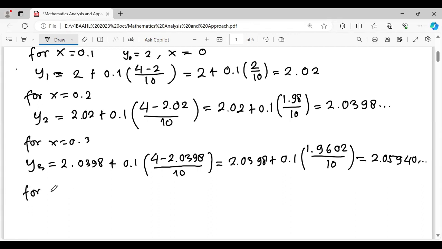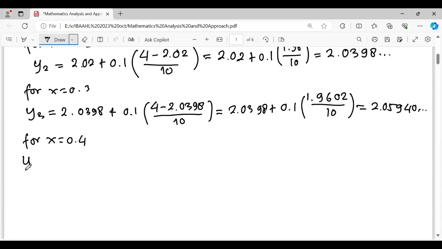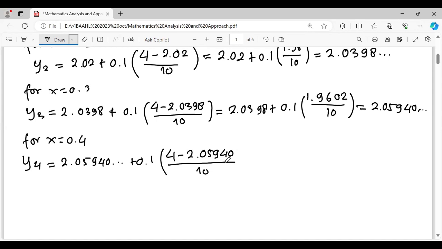And 4x equals 0.4 after 0.3, 0.4, so 0.1, 0.2, 0.3, 0.4. So y4 will be 2.05940 plus 0.1 times (4 minus 2.05940) over 10.